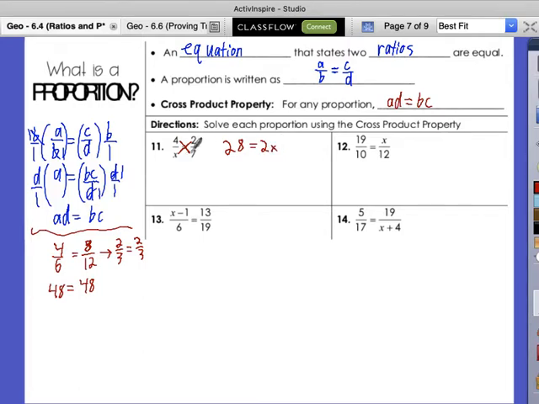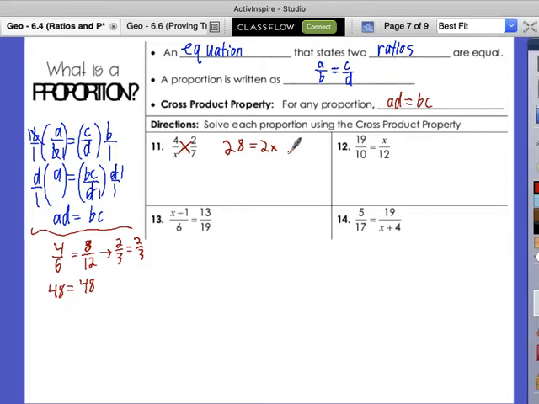See how we kind of got a crossing happening there? That's part of why it's called cross product, because it's cross multiplying. Product means multiplying. So we end up getting 28 is equal to 2 times x. Any questions on how we got 28 equals 2x? If you don't get that part, we need to clarify now before we continue, otherwise none of this is going to make sense. We will find x.